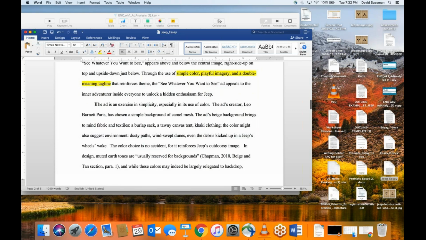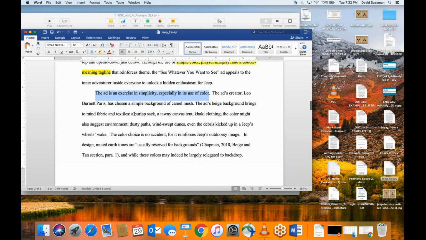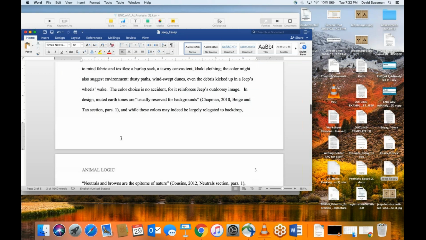So here I have one paragraph devoted to the ad's use of color, where I mention the things that Jordan mentioned. Okay, that the ad's beige background brings to mind fabric and textiles, a burlap sack, tawny canvas tent, khaki clothing, and that earth color might suggest environment, dusty paths, windswept dunes, the debris kicked up by a Jeep. Okay, and then I explained exactly as many of you mentioned.